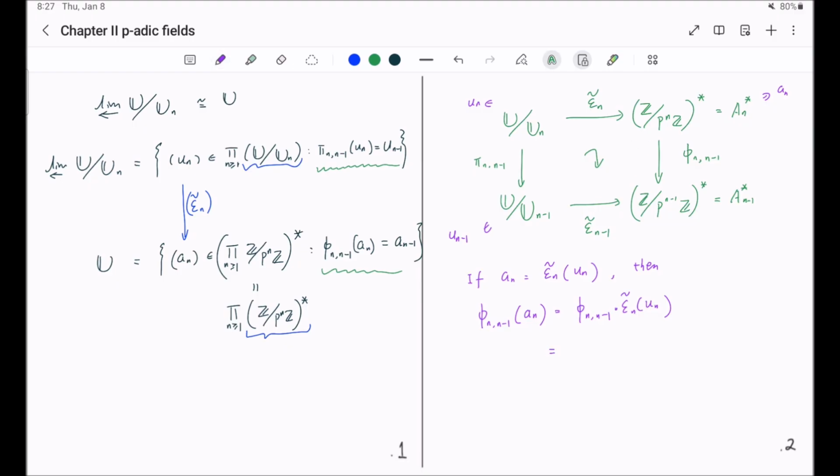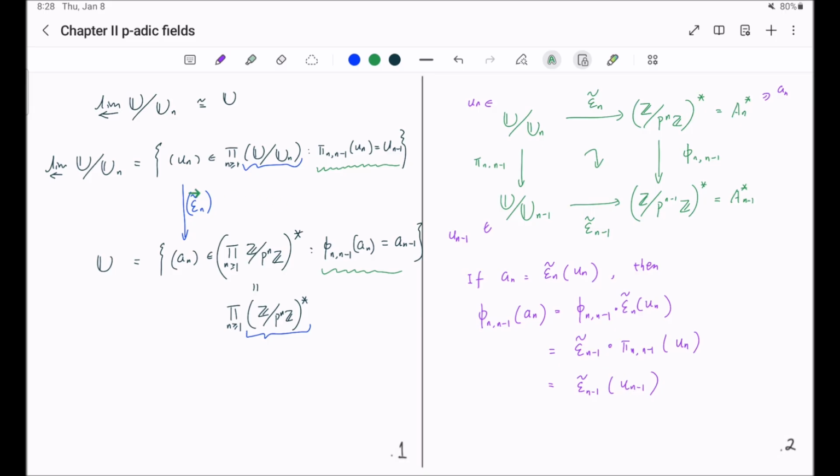By the commutativity of this diagram, this is equal to epsilon sub n-1 tilde composed with this pi sub n,n-1 of u_n. And this guy is, by compatibility, u_{n-1}.